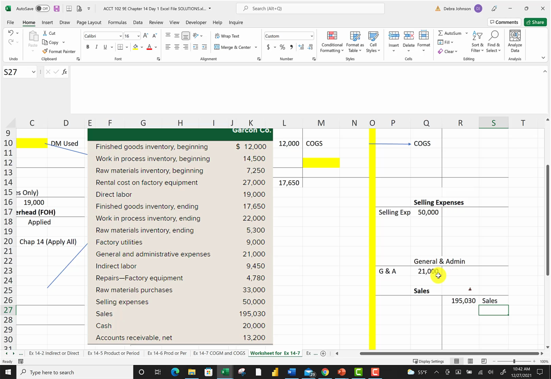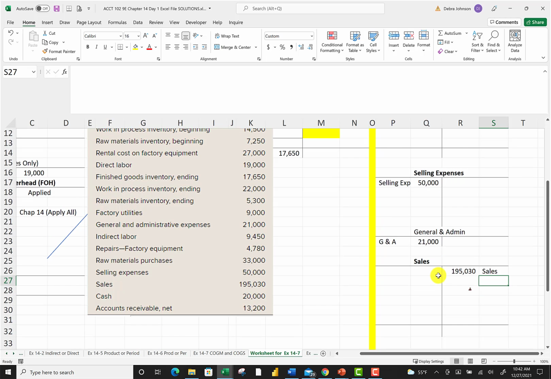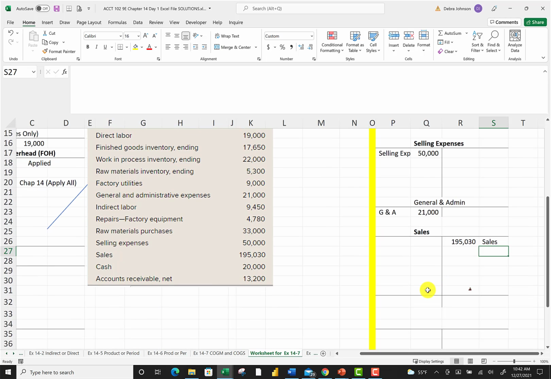And then these last 2 accounts aren't of much importance to us. They are balance sheet accounts, so if you want to use them someplace, we can use these other accounts that we've set up, cash and accounts receivable. They are very important accounts, don't get me wrong.